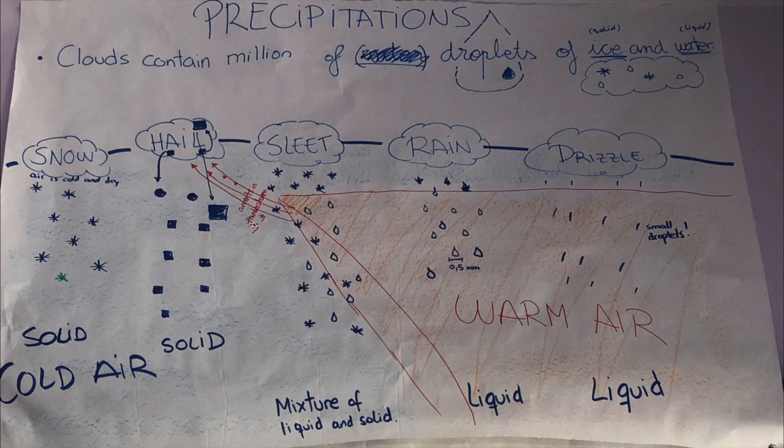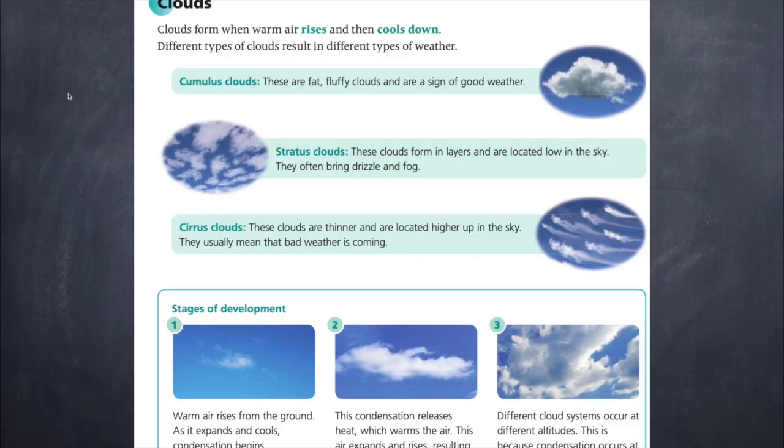And hail happens when we have thunderstorms because of the currents. As well, we have one type of precipitation that is a mixture of liquid and solid. Do you remember the name? Very good, sleet.